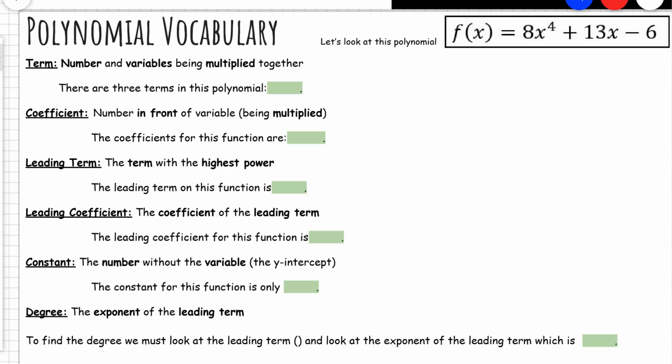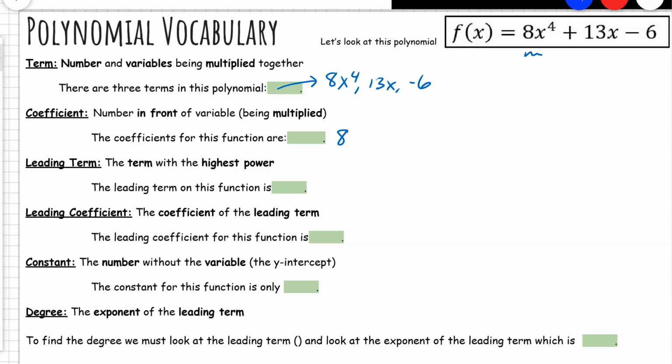You can type it in here, or you can just go ahead and write this, it's up to you. The 3 terms are 8x to the 4th, 13x, and -6. Now the coefficient, remember, that's the number in front of the variable.